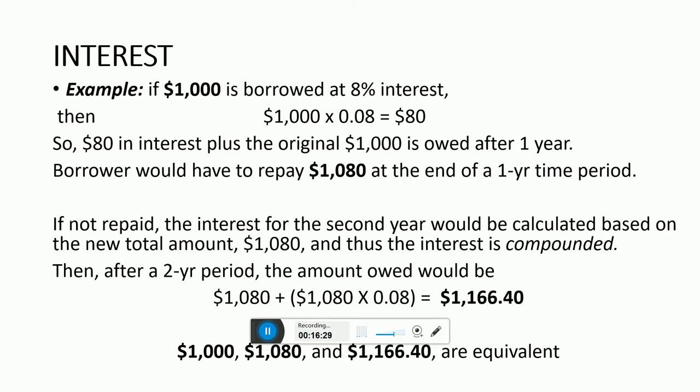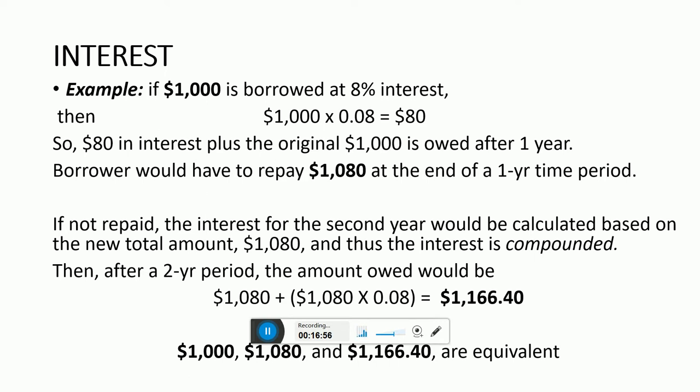If we see all these figures, $1,000, $1,080, and $1,166, all these amounts are equivalent. These three amounts are obviously not equal, but they are equivalent.